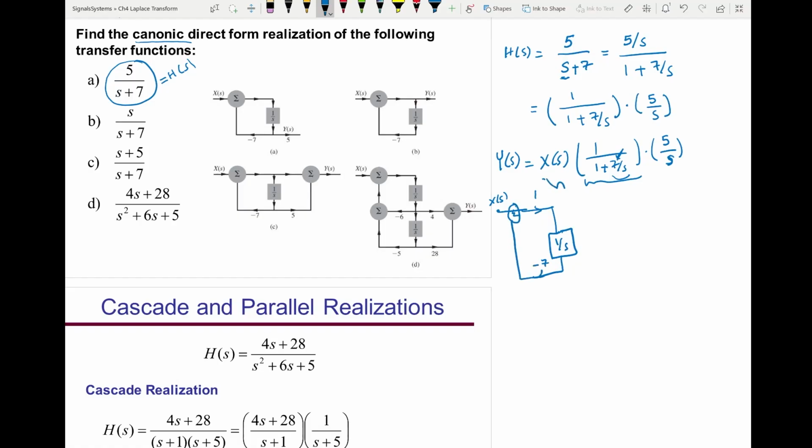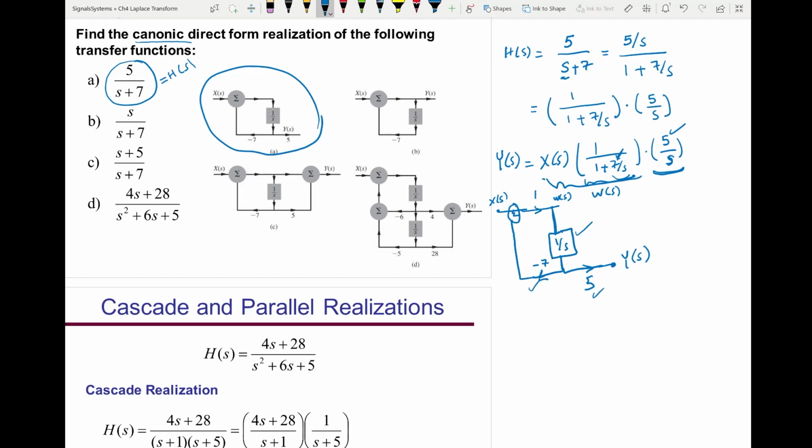And the whole thing here is w of s, which will go to this subsystem, which is an integrator 1 over s. So this w of s will go to an integrator, then amplified by 5. And that's y of s, this one. And later on, we will see how we build this integrator, how we build this amplifier.